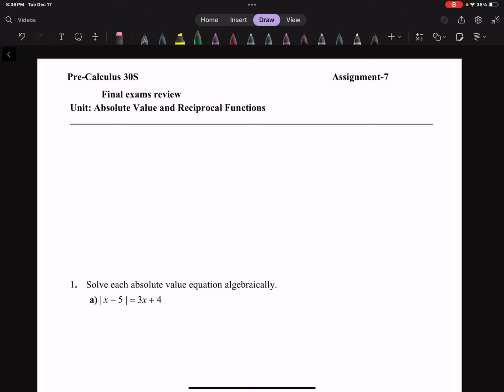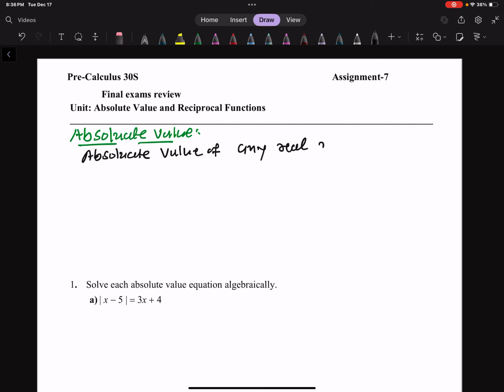Absolute value and reciprocal function. So absolute value, how we defined absolute value? The absolute value of any real number a can be defined as y equals the absolute value of a.